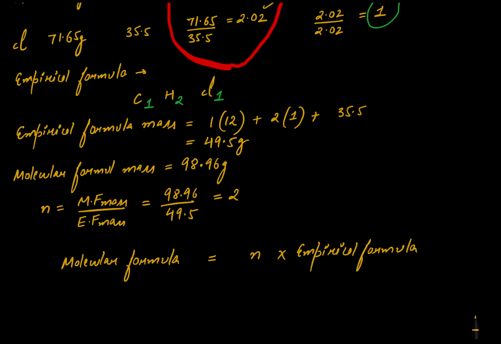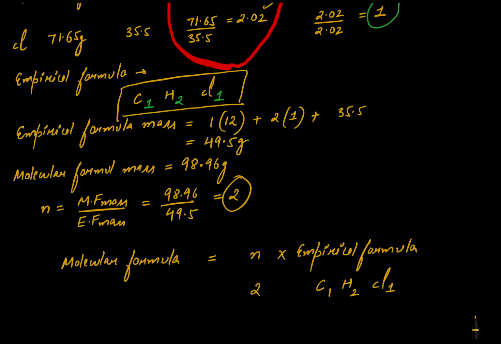So what is my empirical formula? It is C1H2Cl1. What's the value of n? I got it to be 2. So how will I calculate my molecular formula?